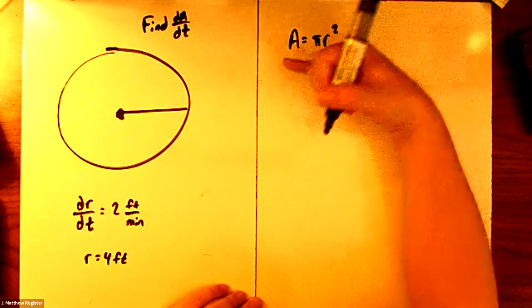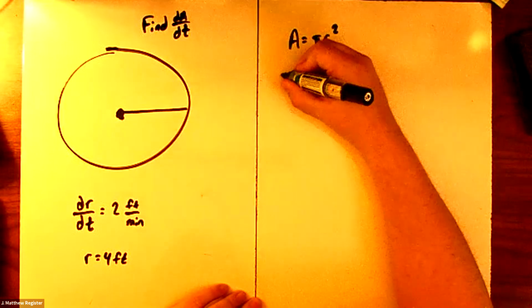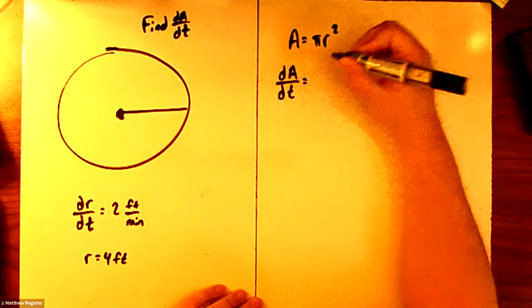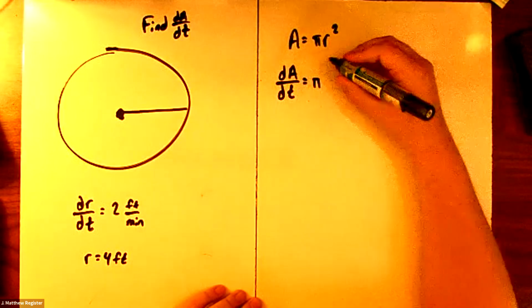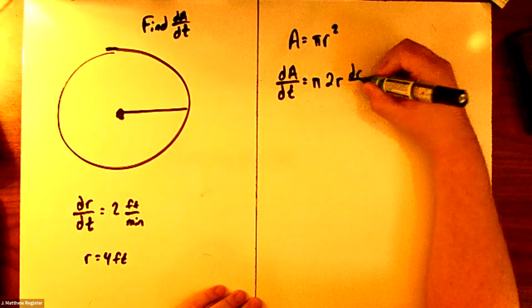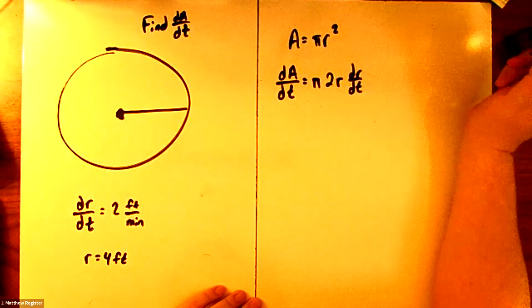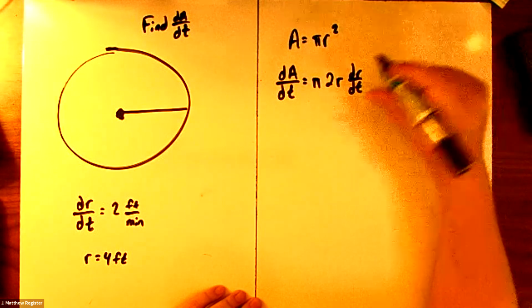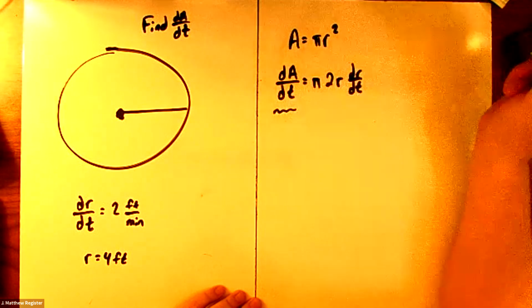And so let's take the derivative of this with respect to time. That would give us dA/dt is equal to pi times 2r dr/dt. Well, dA/dt is what we're looking for.